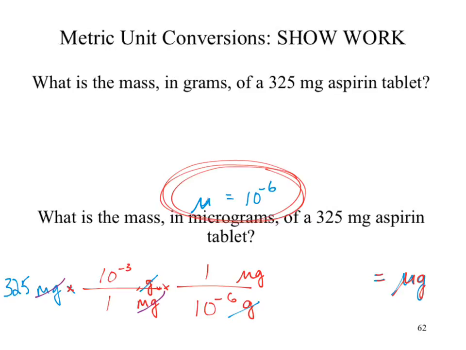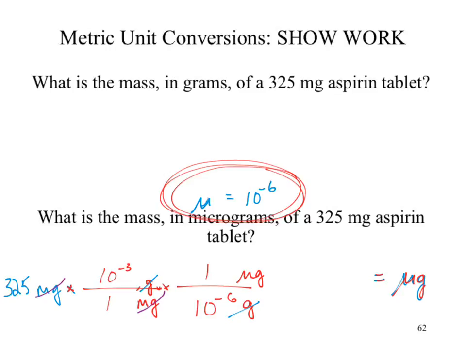Why did I do 10 to the negative 3 grams over 1 milligram, as opposed to 1 milligram over 10 to the negative 3 grams, which is what I think you're asking about? 325 milligrams. Where does the milligram unit show up? In the numerator. Does that show up in my final answer? Micrograms does, but does milligram? No. So what do I have to do to the milligram unit?